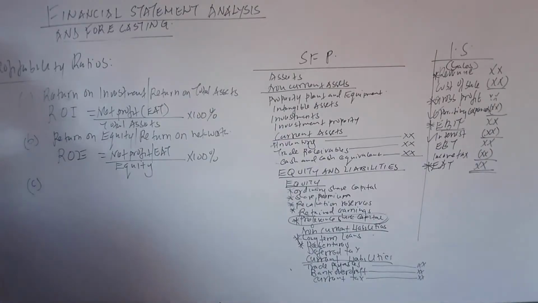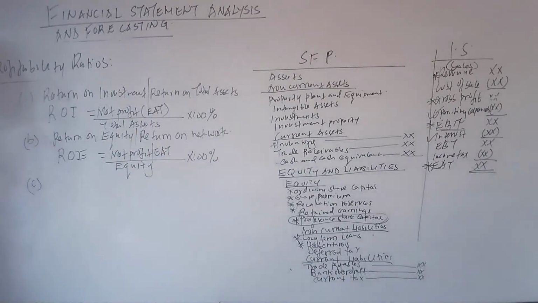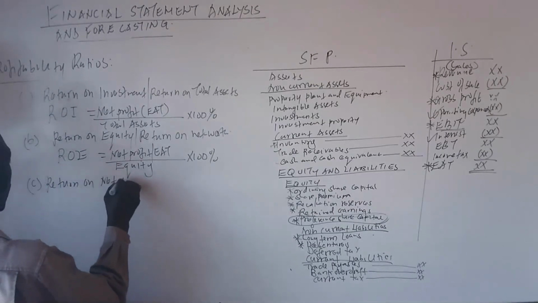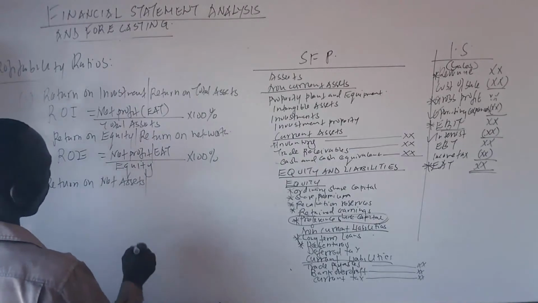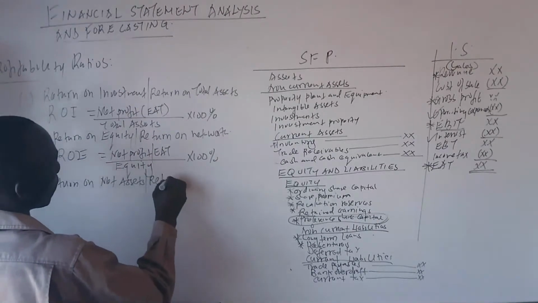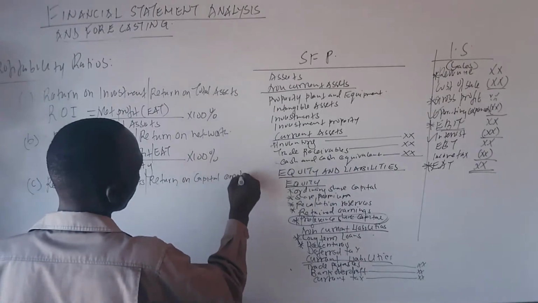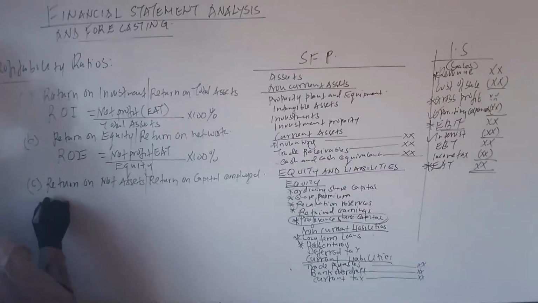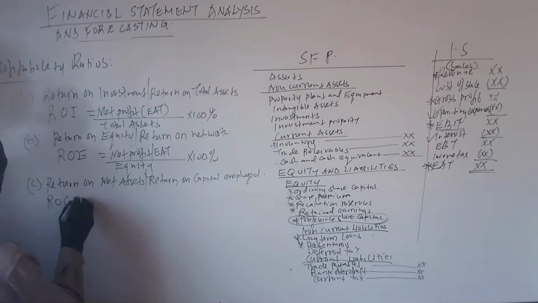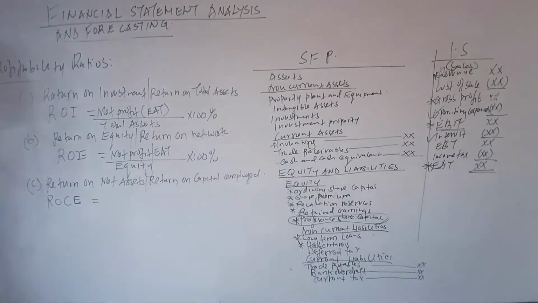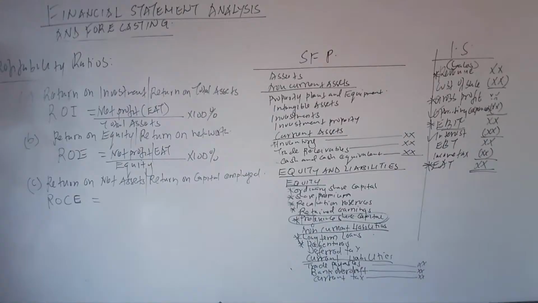Then part C, we talk about the return on net assets, or what we call return on capital employed, ROCE.